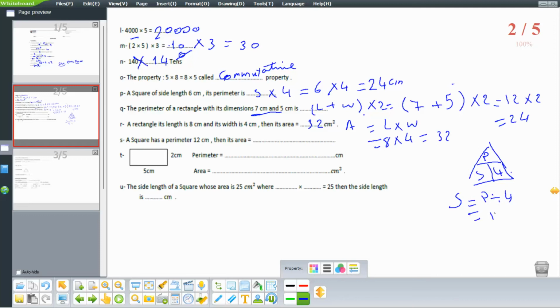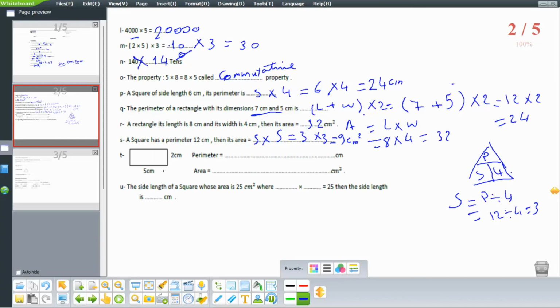Side equals 12 divided by 4 equals 3. So the side here is 3 and the area of the square equals side times side equals 3 times 3 equals 9 square centimeters.